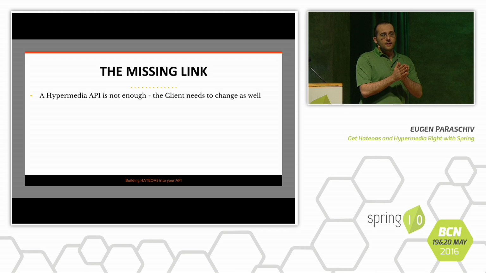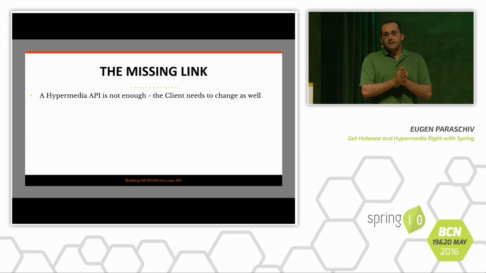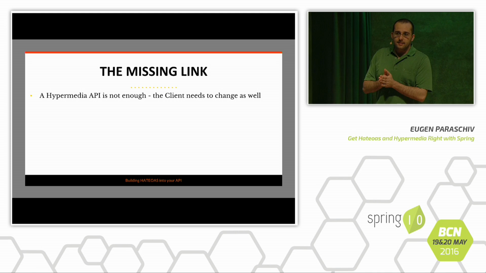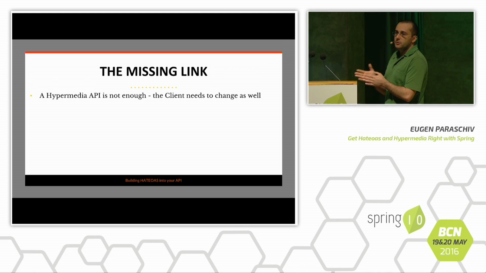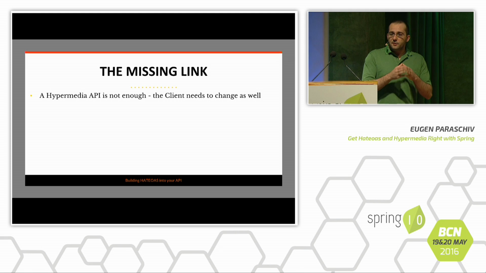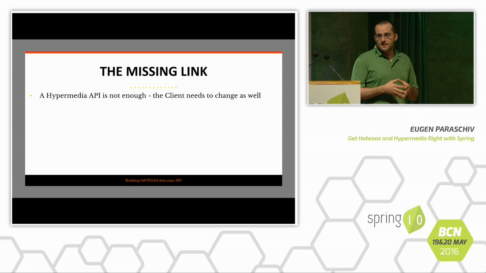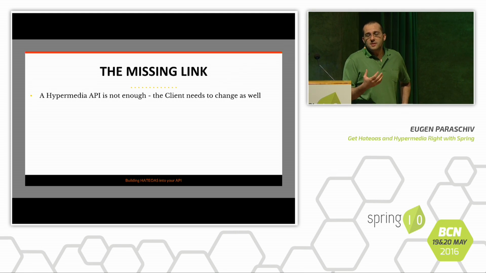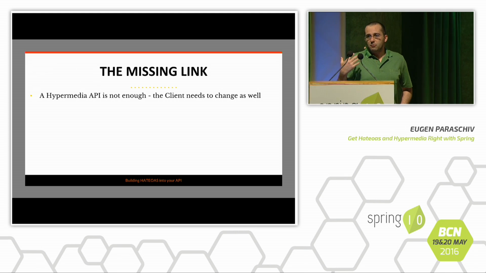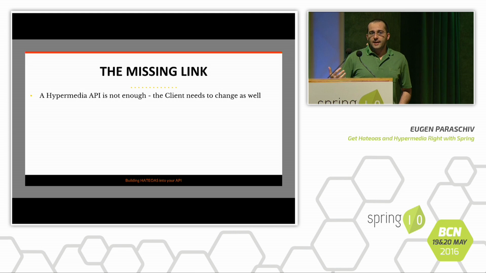It cannot be that you're building a client and the API happens to do Hypermedia. No, the client needs to adhere to the Hypermedia. It needs to actually utilize it, to treat it as a first-class citizen. That was the major shift that we had to do, and that was the major thing that we weren't doing for a long time. And that's why we weren't seeing the benefits of Hypermedia.